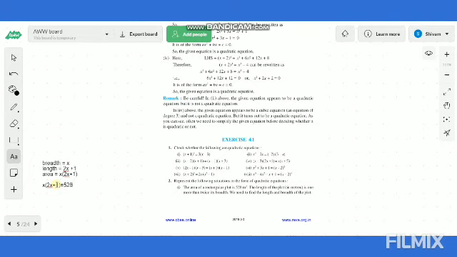Now it becomes 2x square plus x is equal to 528, and 2x square plus x minus 528 is equal to 0. In a similar way we can proceed in the next question of the exercise.